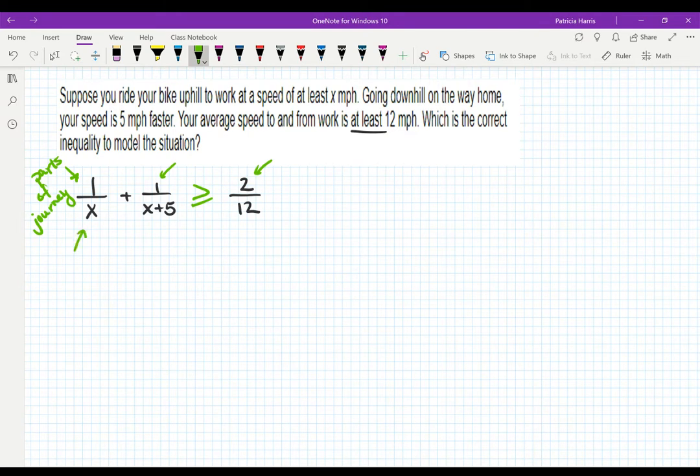Okay, this is the speed for the first part of the journey. And then since the second part of your journey is downhill, this is your speed, and it's going to be faster because you're going downhill.